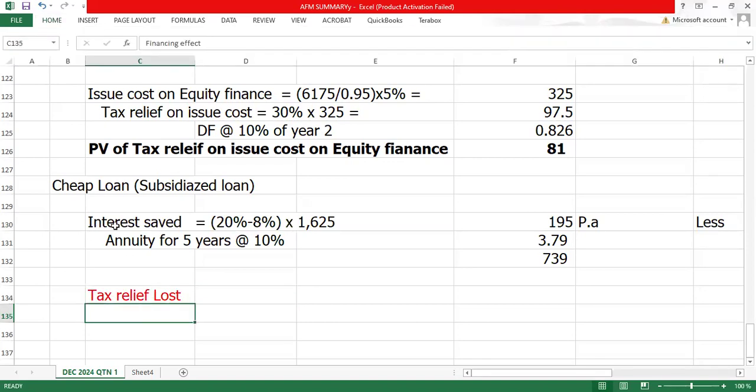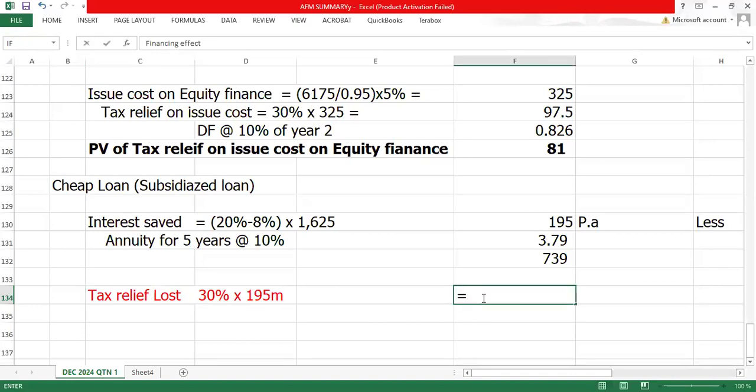Yes, you're saving interest, but you are also losing out the tax relief. So what is that tax relief you're losing? Of course, it is the 30% of the interest saved. That is 195.